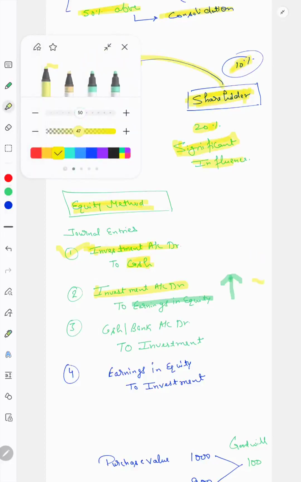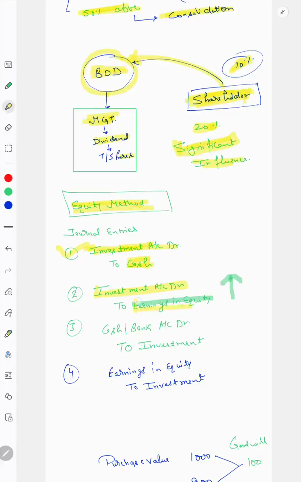Students, this ledger account will be created for the earnings in equity. The next entry is when we receive the dividend. When we receive the dividend, cash account debit, investment credit.